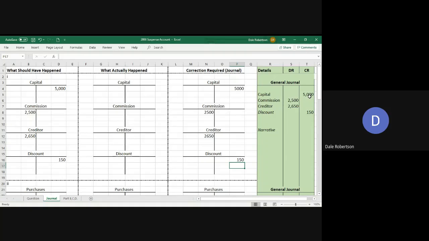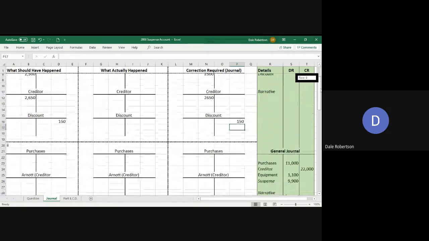And our general journal is as follows: 5,000, 2,500, 2,650 for creditors, and a discount figure of 150. The narrative, I'm going to let you guys work on that yourselves, but it's going to say correction of the error of omission of an injection of capital. As long as you sum up what the point is, then that's fine. So that's an error of omission, and that's our first one.